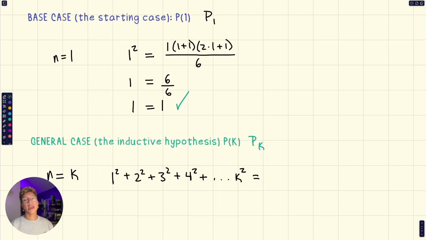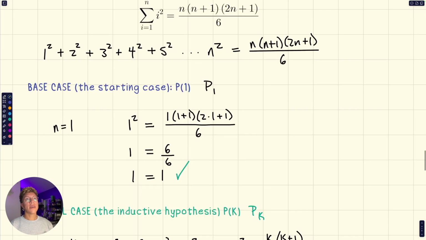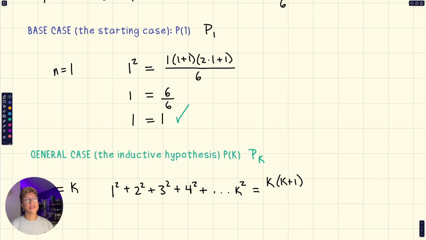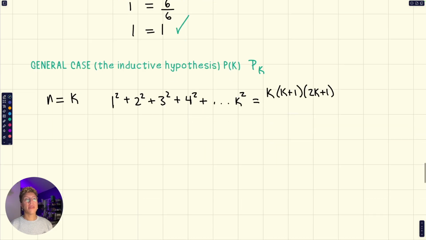And in this case, our n is k. So we get k, we get k plus 1, and then we get 2k plus 1, and all of that is over 6.